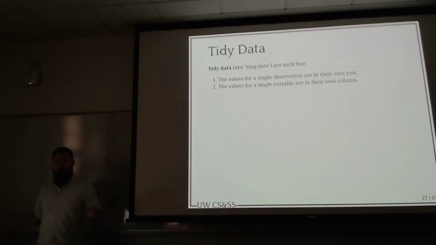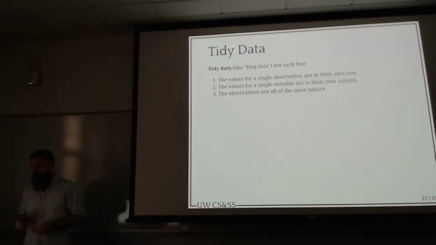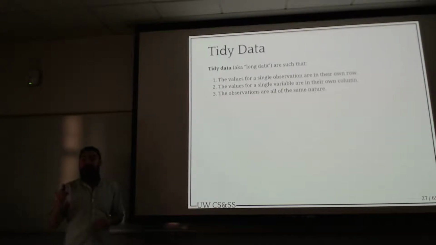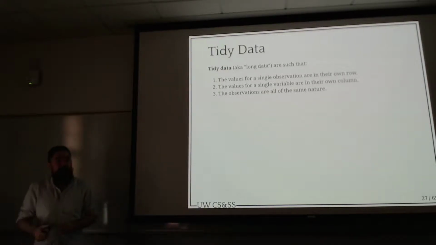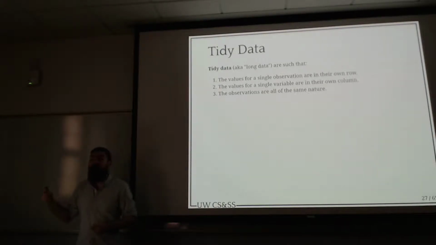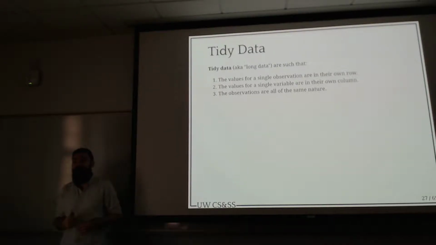They're not spread across multiple columns. And the observations are all of the same nature. And by all the same nature, I mean they have the same type of unit. So if you have observations that are, say, person years, which is a common survey unit, every row is a person year. Might be for a different person or a different year, but they are all person years. You don't suddenly have a person month lodged in with the rest of them. That should be collapsed into one person year.